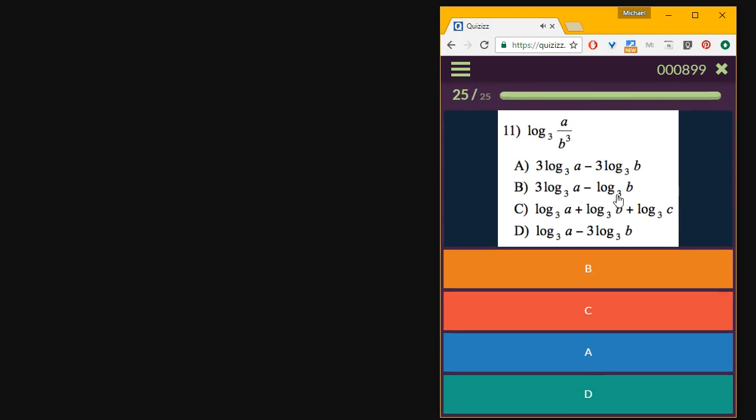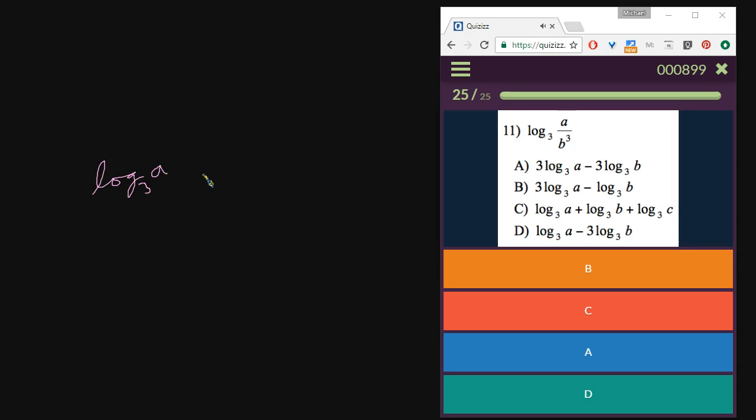Cool. Okay, so then, here they want us to match this with one of these, and it looks like we've got to expand. And so I'm going to go ahead and rewrite this as, let's see here, log base 3 of a minus log base 3 of b cubed.